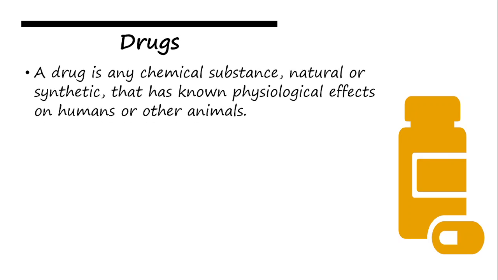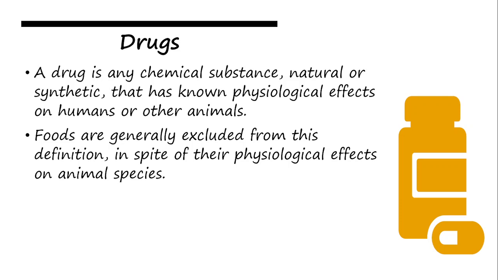A drug, by definition, is simply any chemical substance, natural or synthetic, that has psychological effects on humans or other animals. So drugs can be any kind of chemical substance, either synthetic or naturally occurring, that has these kinds of psychological effects on humans or other animals.